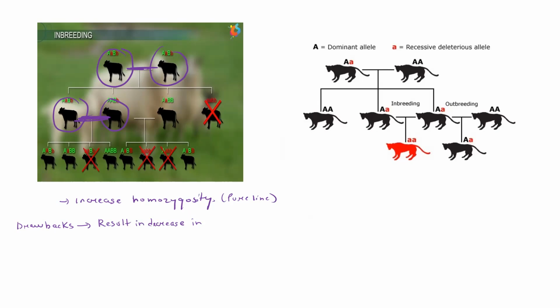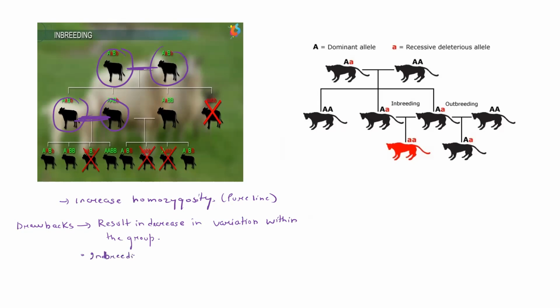So the drawbacks are a decrease in variation within the group, and it will also cause inbreeding depression.